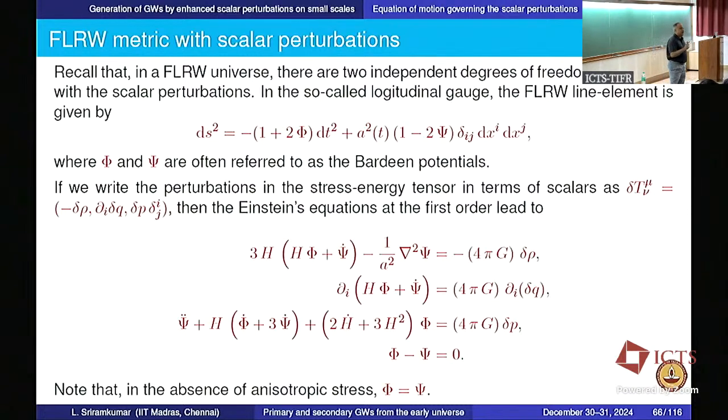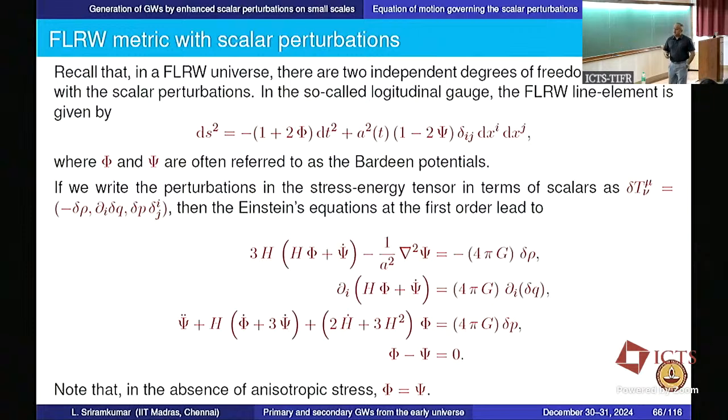Essentially, you are reduced to studying one equation of motion governing the scalar perturbations. The late-time physicists, large-scale structure guys, for instance, talk about the Bardeen potential. The primordial physicists will often refer to something known as the curvature perturbation, which I will introduce in a couple of slides.